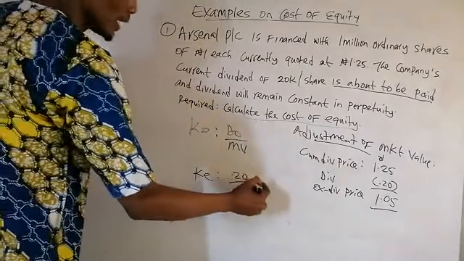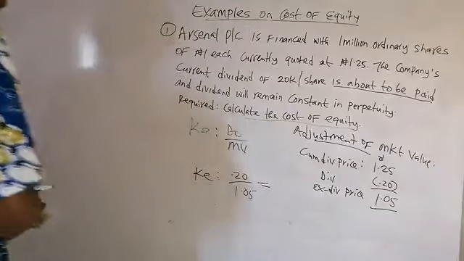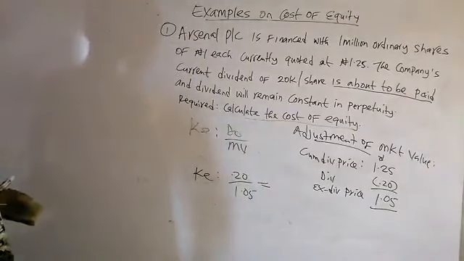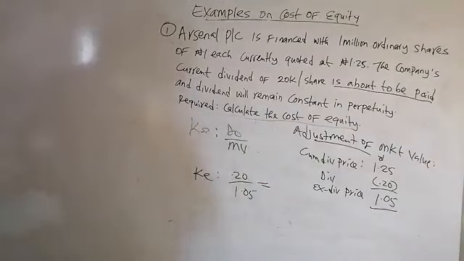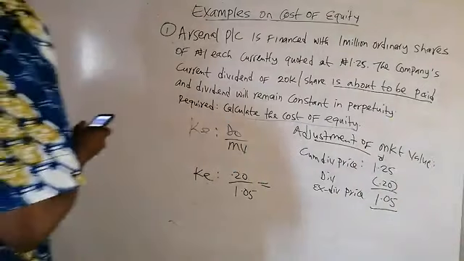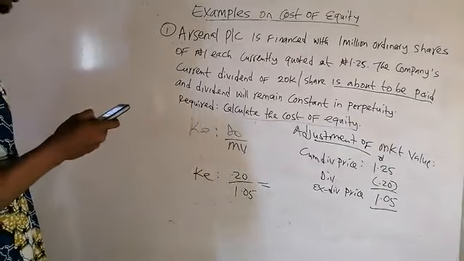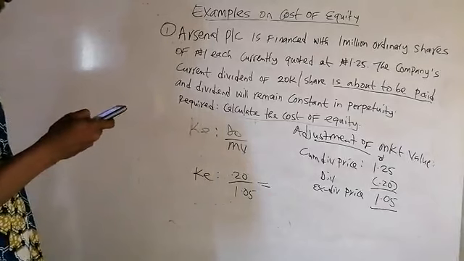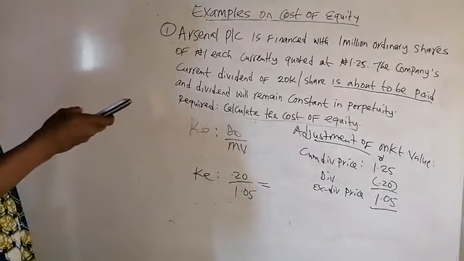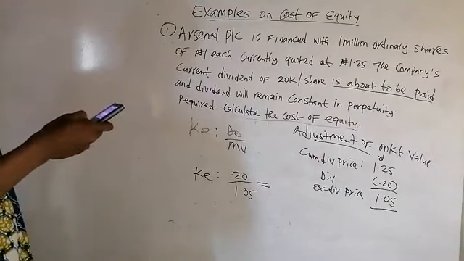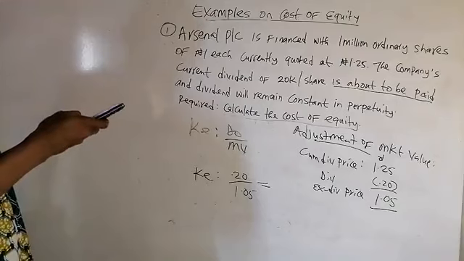By this, therefore, let's quickly do a little computation here. So when you compute this, 0.2 divided by 1.05.